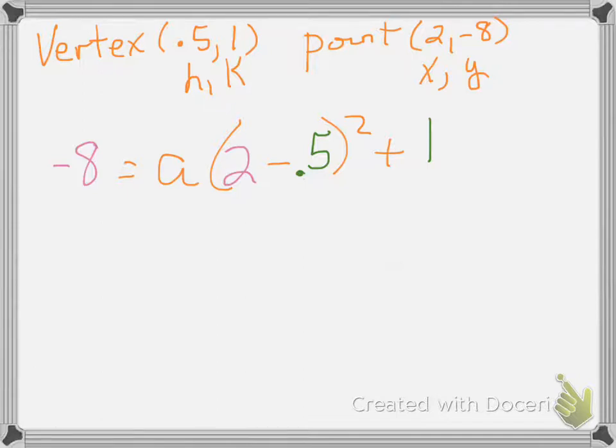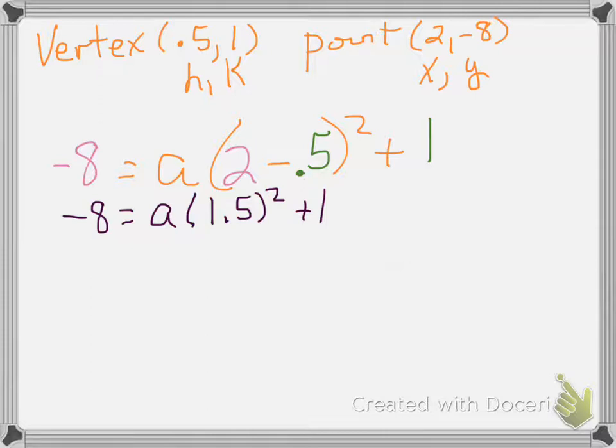Okay, so now let's take a look here. We've got -8 is equal to a times 2 minus 0.5, which would give me what? 1.5. 1.5 squared plus 1. Okay, let's go ahead and get this plus 1 out of the way before we do our squaring this time.